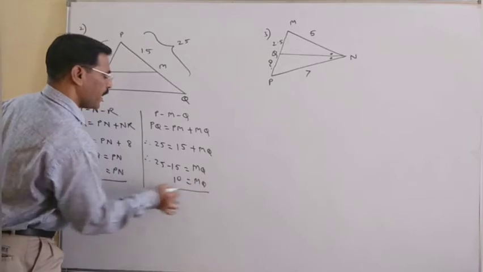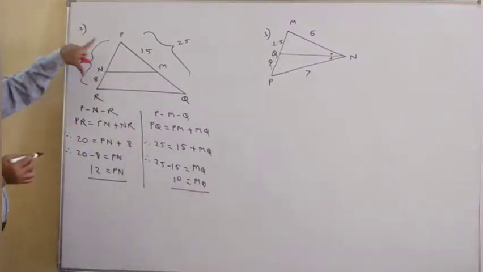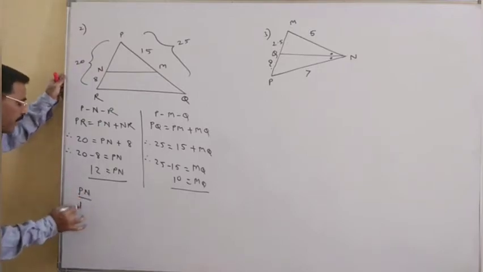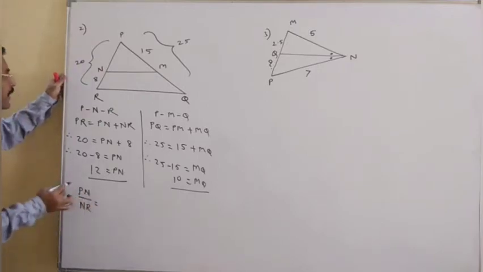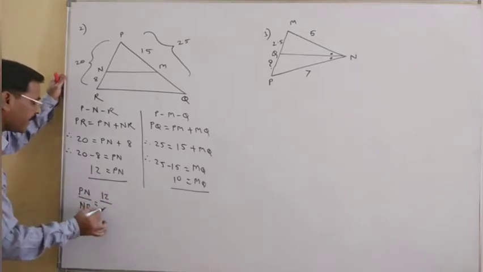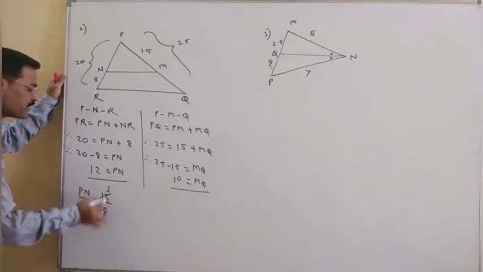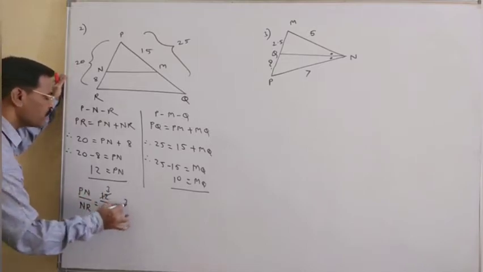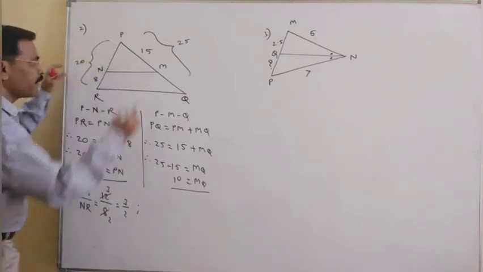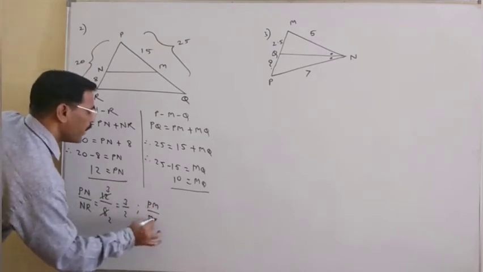Okay? After getting all this, let's take here one by one. Just take one side ratio only, that is PN upon NR. What is PN? We just found that it is 12. What about NR? 8. So both these are again divisible by 4. 4 threes are 12, 4 twos are 8, which is 3 upon 2. And then we'll take one more, that is the remaining pair, which is PM upon MQ.